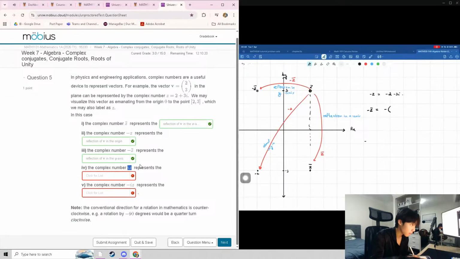And then now if we have iz, that is i times minus 2 plus 3i. So minus 2i minus 3 i squared. So that becomes 3. Yep, minus 2i.